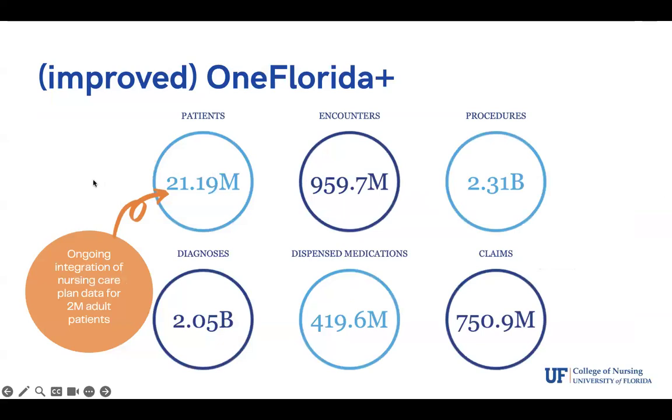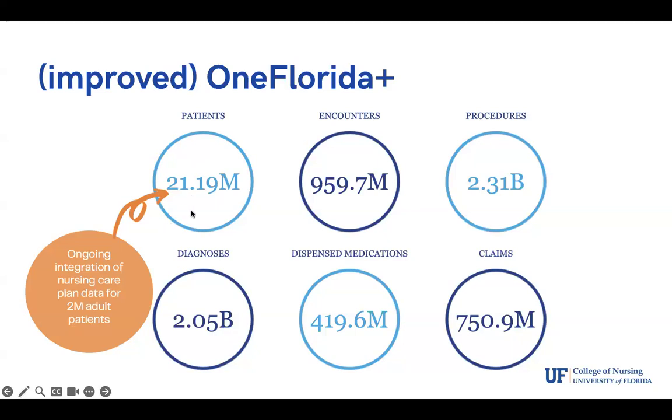As part of this project, we are improving this data repository, the OneFlorida Plus, as we do the ongoing integration of nursing care plan data for about 2 million adult patients. Out of those 21 million, 2 million of them will have some sort of nursing data documented for them during their hospital stay.